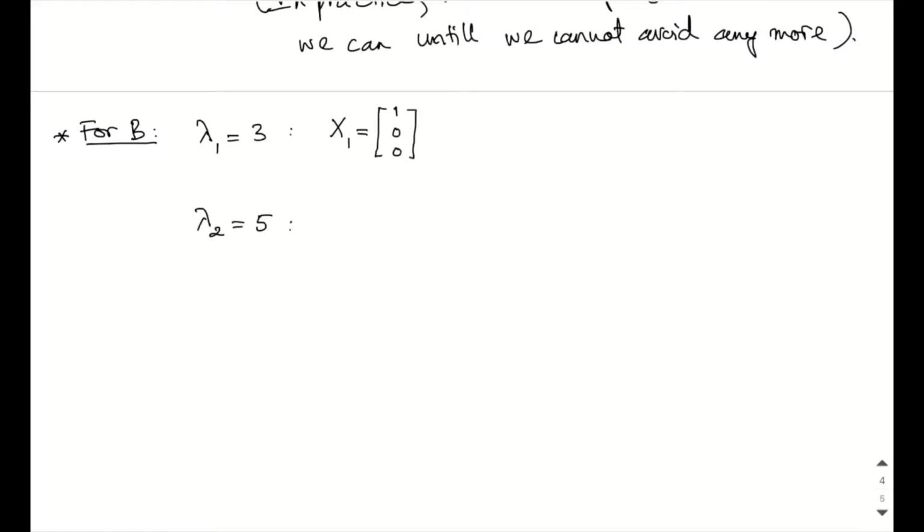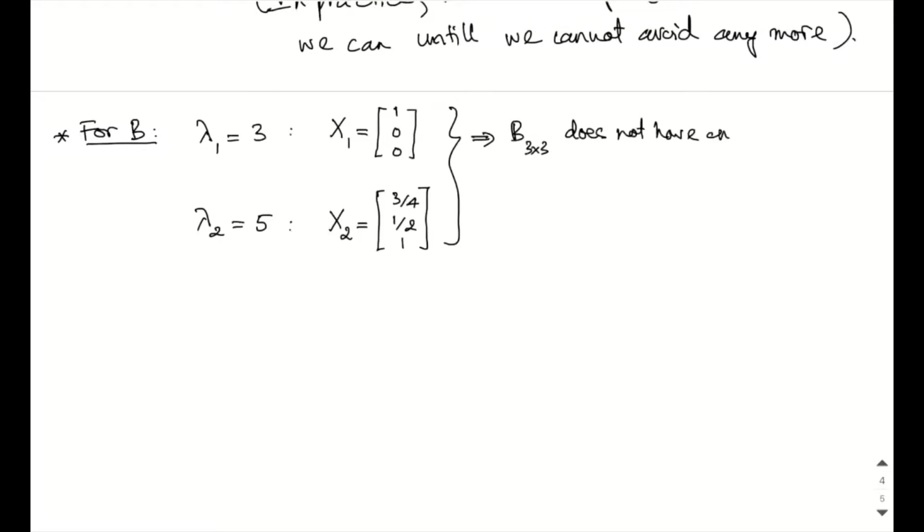For lambda 2, 5, we found one independent vector x2, and that was 3/4, 1/2, and 1. This means that B, which is a 3 by 3 matrix, does not have enough 3 independent eigenvectors. In other words, we say that B is deficient.